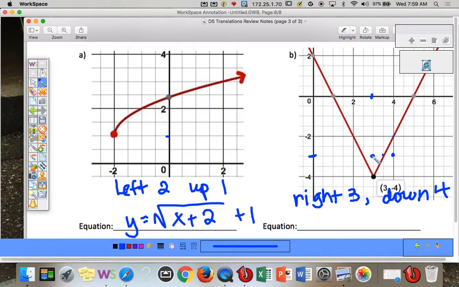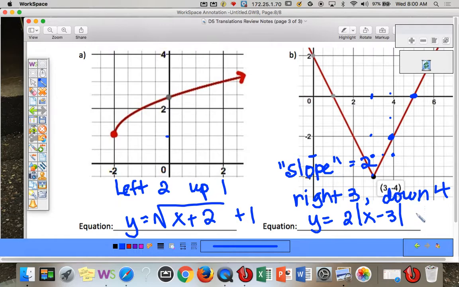So up 2 over 1, up 2 over 1. So here our slope is 2. So if we write this equation, we have y equals, we'll put the 2 on the outside, absolute value. It's right 3, so x minus 3, and then down 4, minus 4.